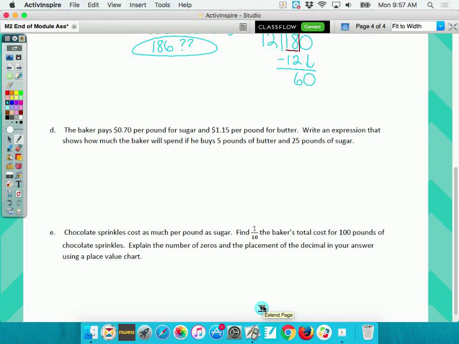So on the next one it says the baker pays 70 cents per pound of sugar. So sugar, how much does he pay? 70 cents. Write it down. And he pays $1.15 for butter. Write that down.